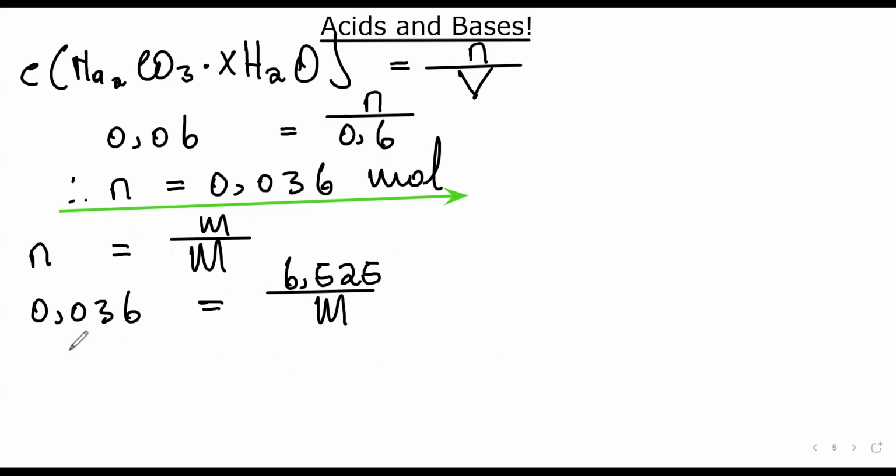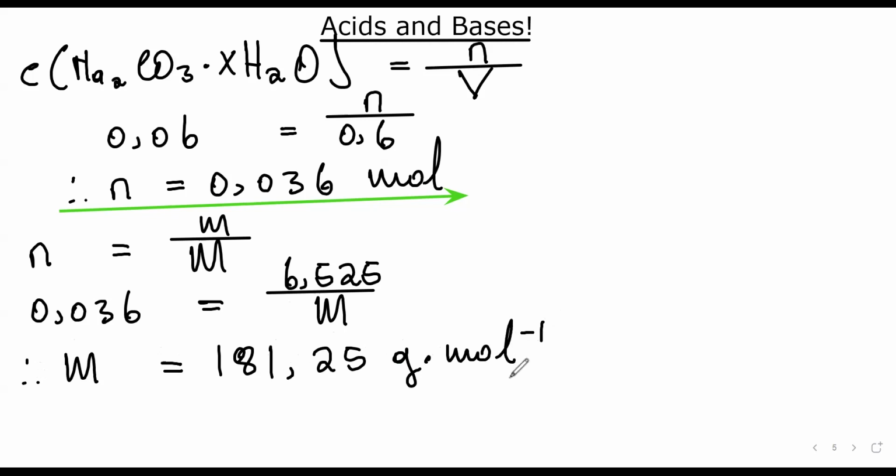The molar mass is what we are looking for. If you want to make the molar mass the subject of the formula, you take what was the subject and make it the denominator. So now we know the molar mass of the entire compound.